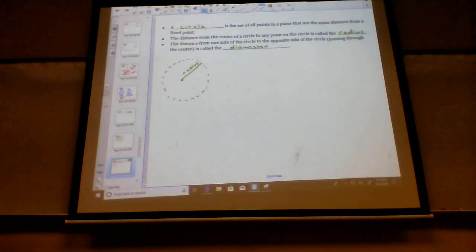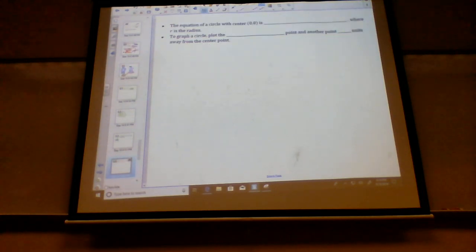So if you go from one side of the circle to the other and you pass through the center point, that is called the diameter. So a diameter is made up of two radii, back to back. All right, that's just some basic vocabulary on circles.